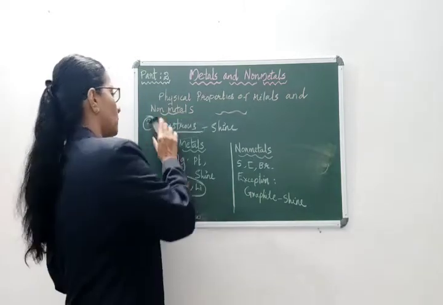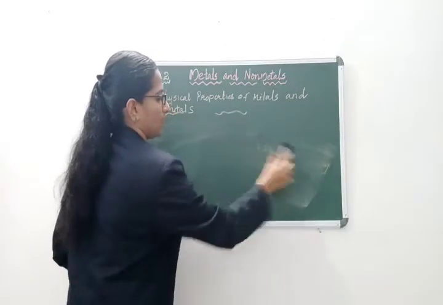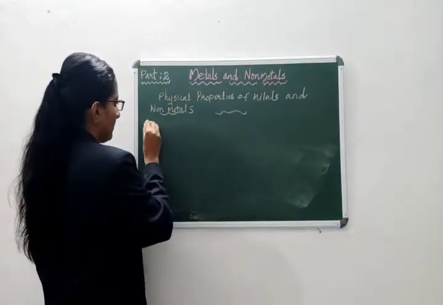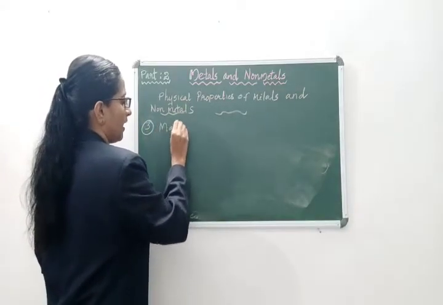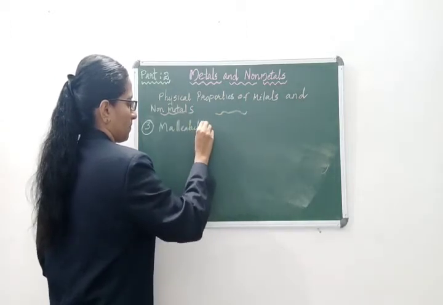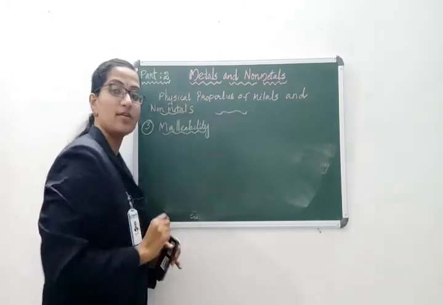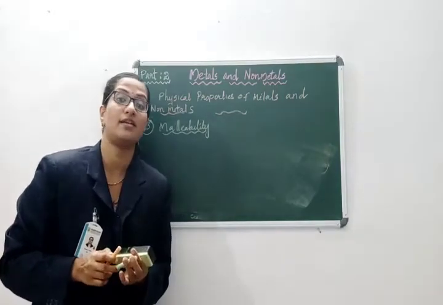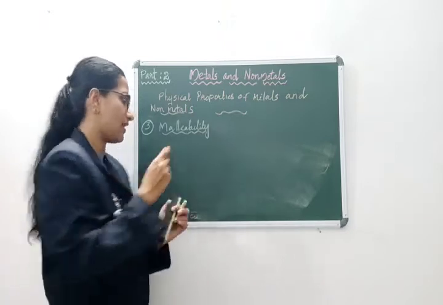Now we will move to the third property. The third physical property of metals we are going to discuss here is malleability. So what is malleability? Malleability is the ability of a metal to be turned into thin sheets.